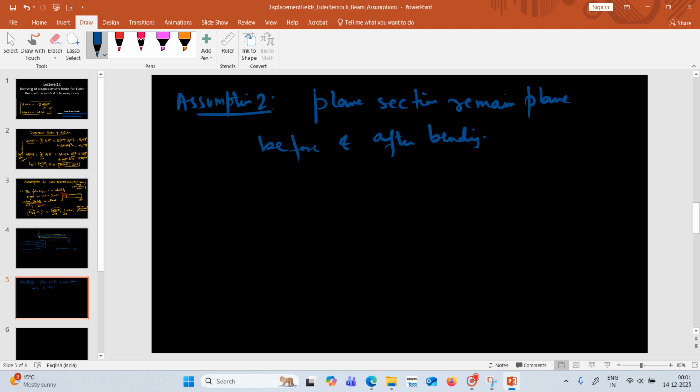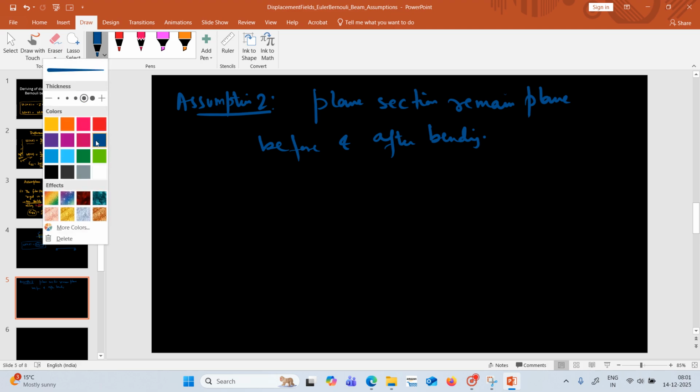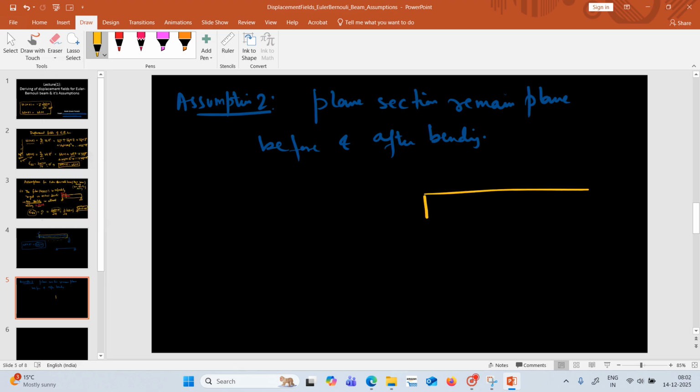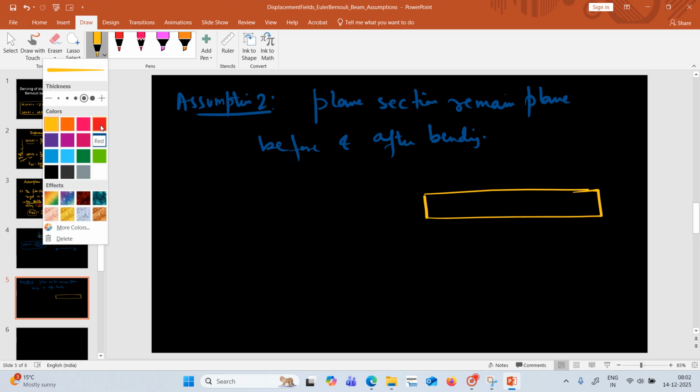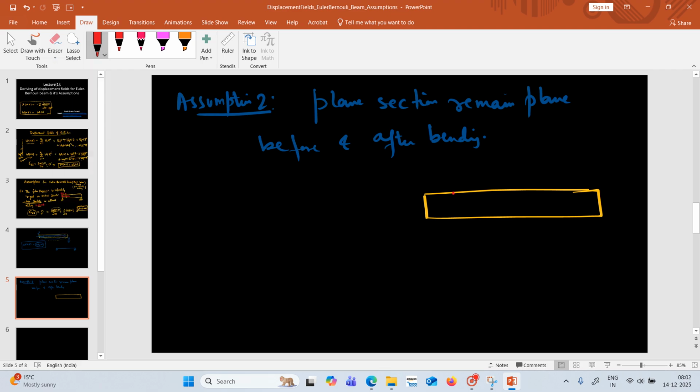So what is that? Make a beam, then the initial fiber is what? Let us say when it is having no deformation, this one we have chosen as fiber 1 1.